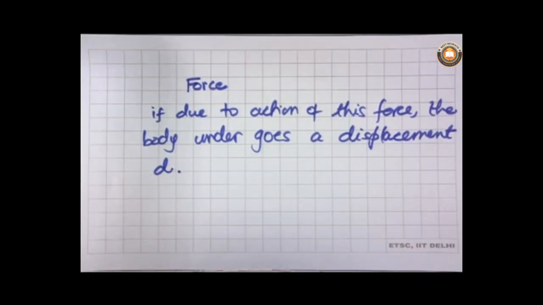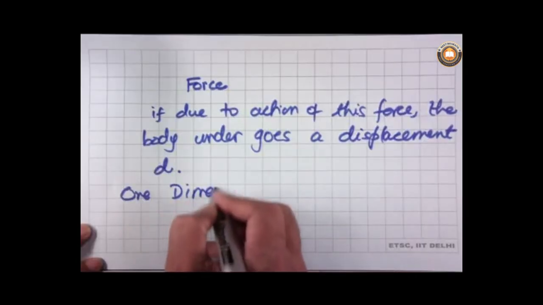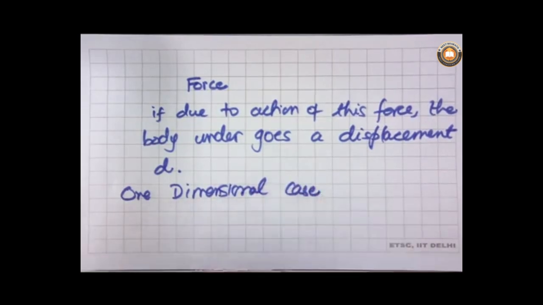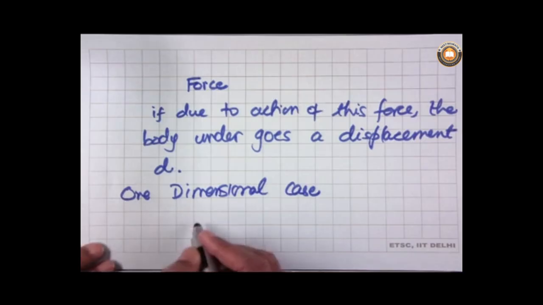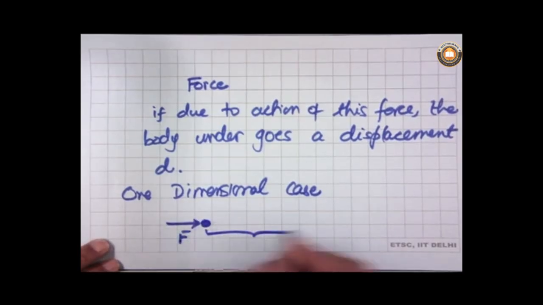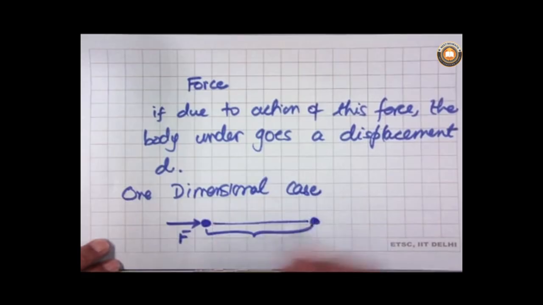Let us start in a simple sense by looking at the one dimensional case first. So, we have a particle, a force F is applied, and because of this the particle undergoes a displacement d.